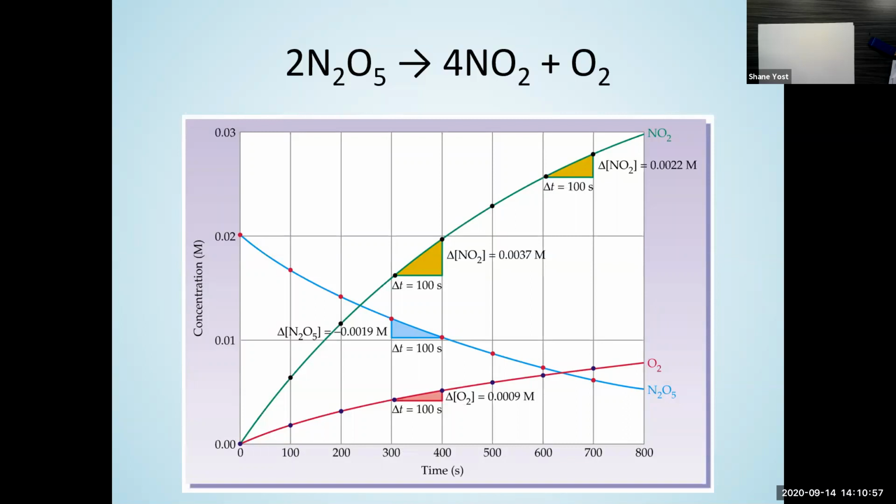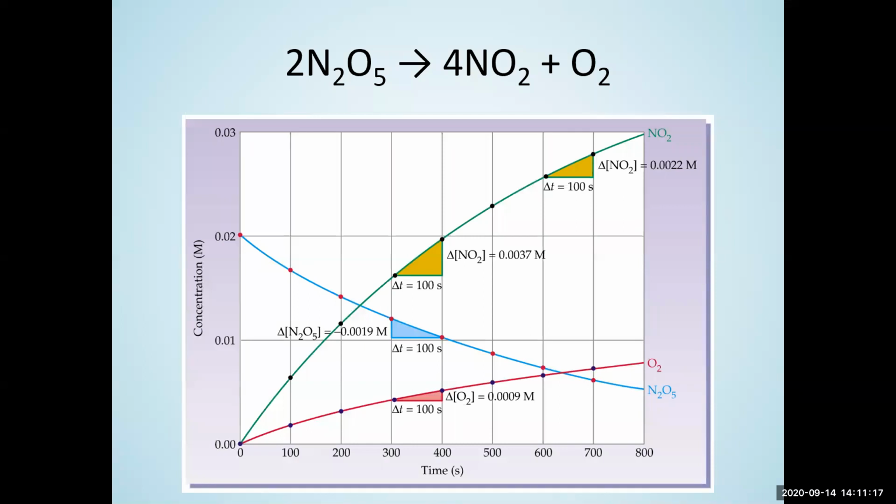How would I get that? How would I get the rate of change of the concentration of N2O5 over that 100-second window from 300 to 400 seconds? Divide that change in N2O5 over the 100 seconds.